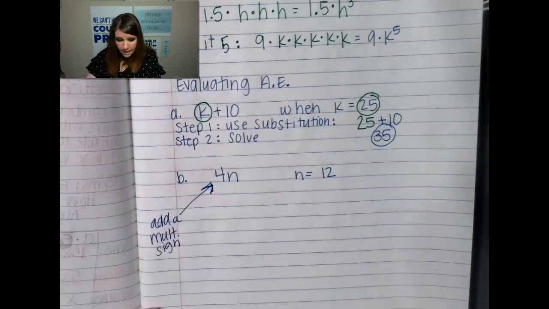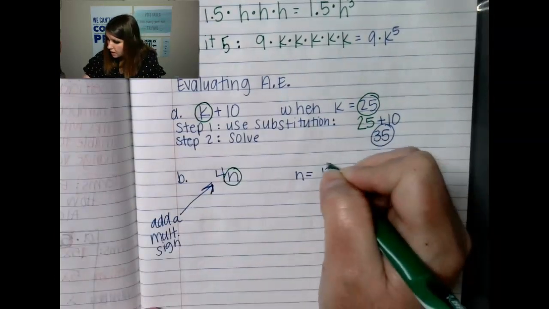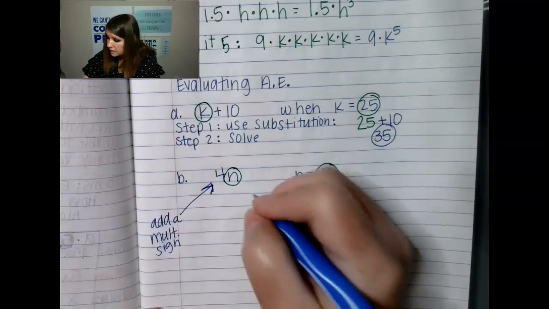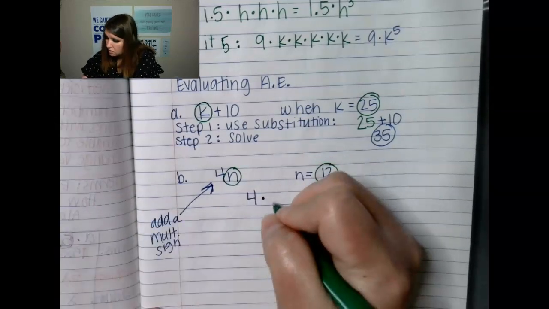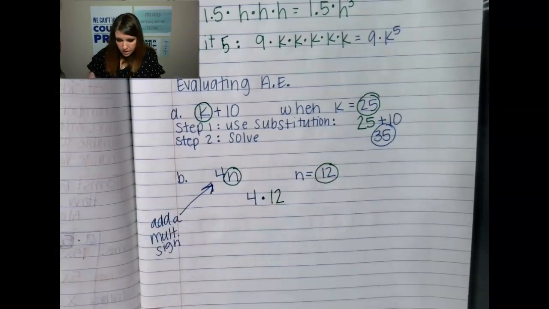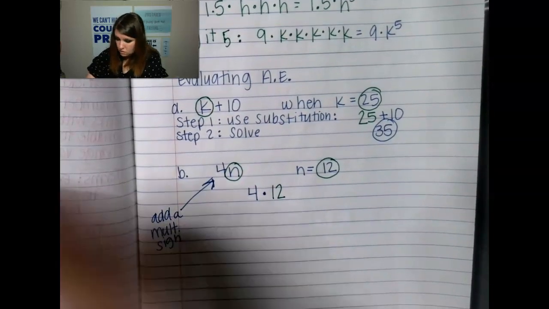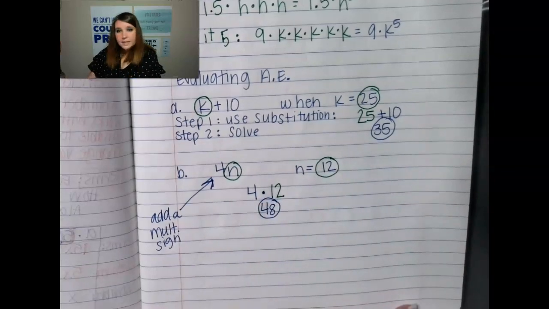So 4 times n. N is 12. So right here, I need to put in a 12. So this means 4 times 12. And 4 times 12 is 48. That's it.